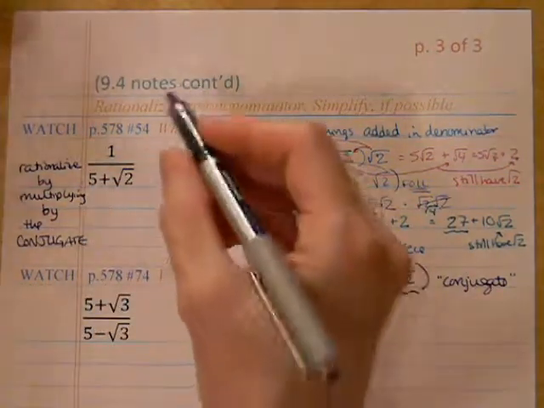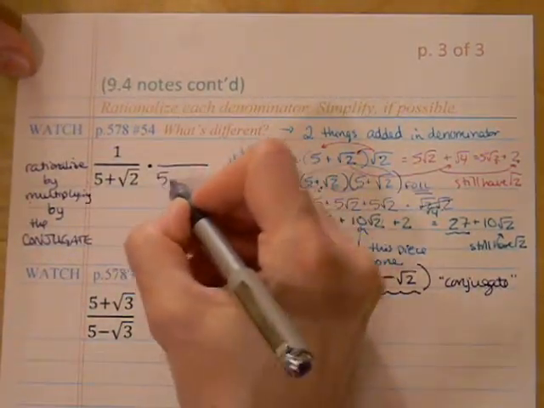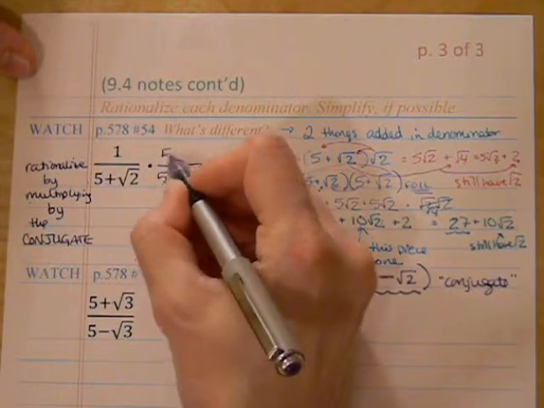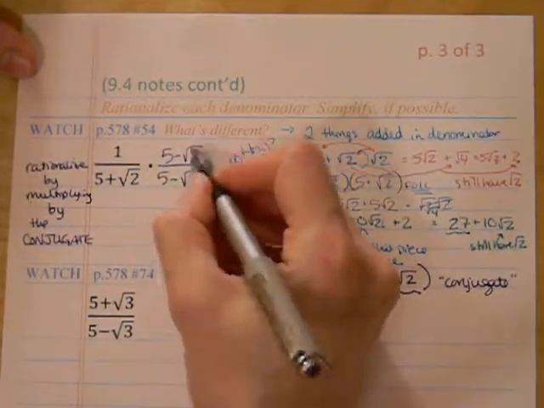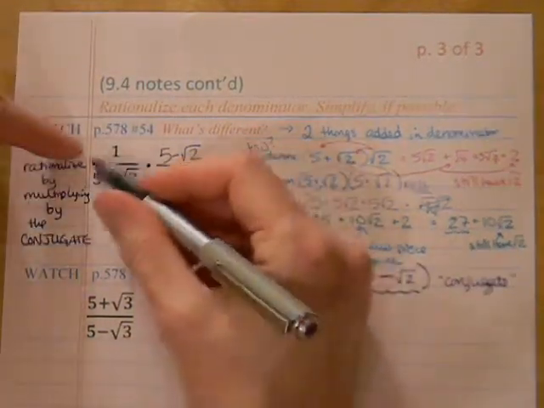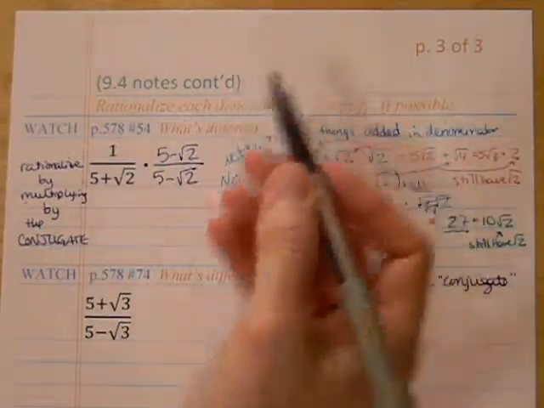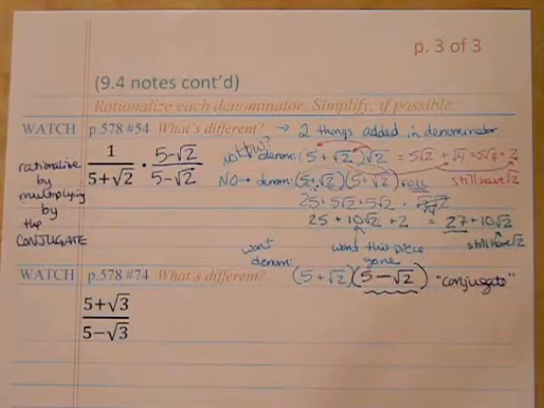So in this case, we're going to multiply by it on top and bottom. Again, we want it to match, because when we match top and bottom, you're really just multiplying by a value of 1. So it doesn't change what this equals, it just changes the look of it. Okay? And that's the whole point. We're just changing the look so that we can express it in terms of what a fraction truly means.